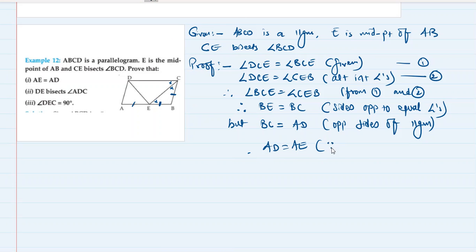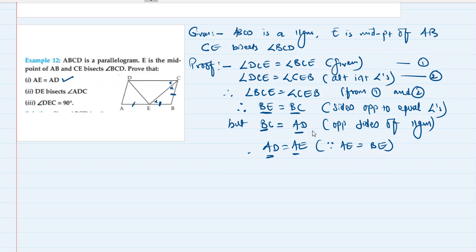Why? Since AE is equal to BE, we know BE is equal to BC and BC is equal to AD. So we can say that AD is equal to BE, which is in turn equal to AE. Right? So AD is equal to AE. That's the first thing we had to prove.